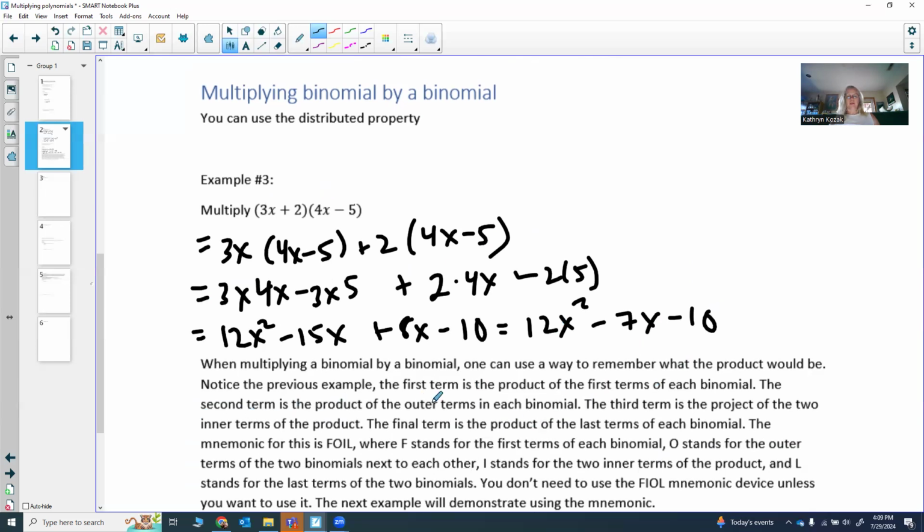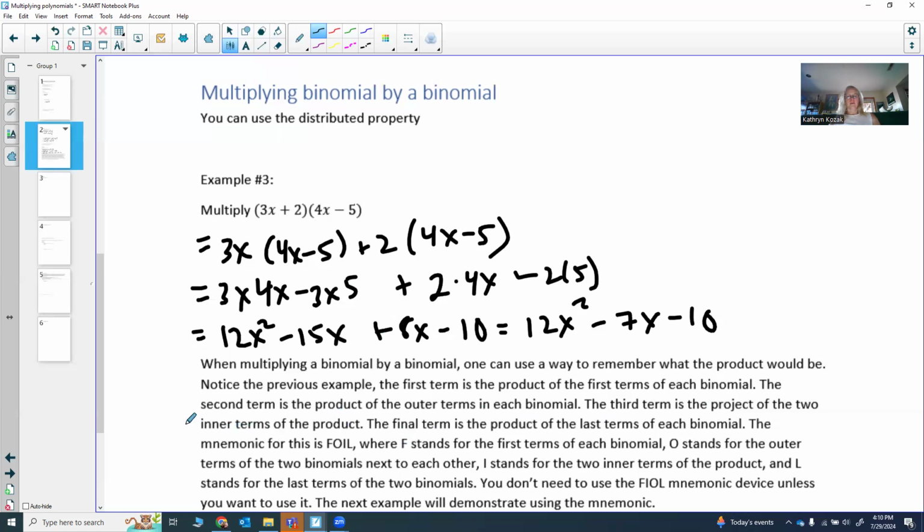The second term is the product of the outer terms of each binomial, 3x times negative 5. The third term is the product of the two inner terms, 2 times 4x. The final term is the product of the last terms of each binomial, 2 times negative 5.